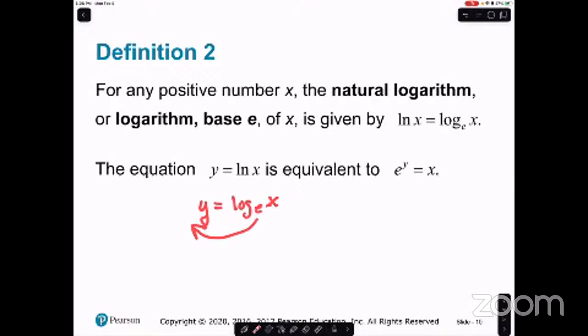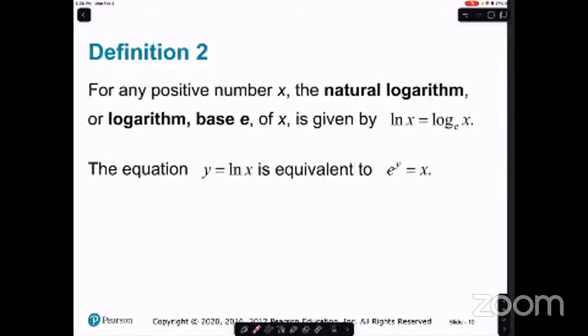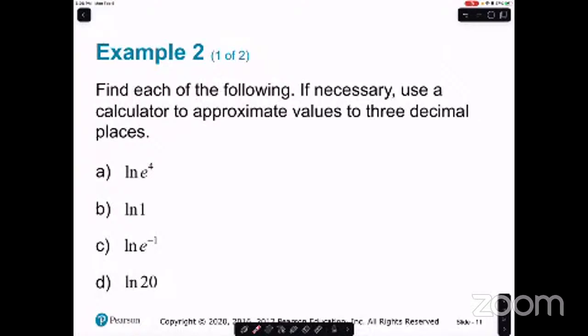Okay. Find each of the following. If necessary, use a calculator to approximate the values to 3 decimal places. In the first part, natural log and e, the exponential, are inverses of each other, so they cancel each other out. That result should just be 4. Natural log of 1 in general is 0.